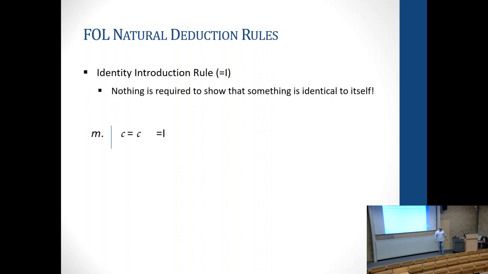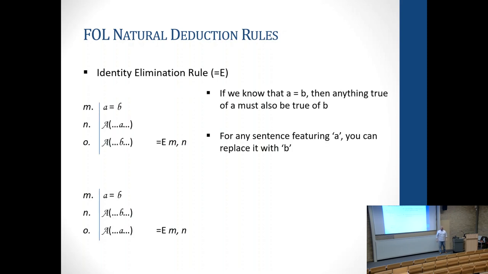Identity elimination is substitution. If you have an identity with two names on either side, then any sentence featuring one name, you can replace with a sentence featuring the other name. Note you can do some or all of the occurrences. So if you have FAA, you can use identity replacement to get FAB or to get FBB.